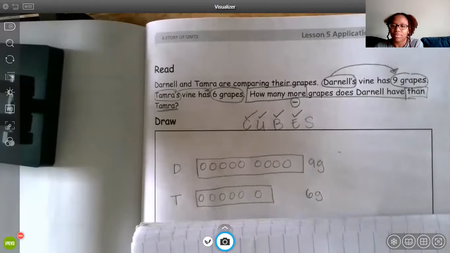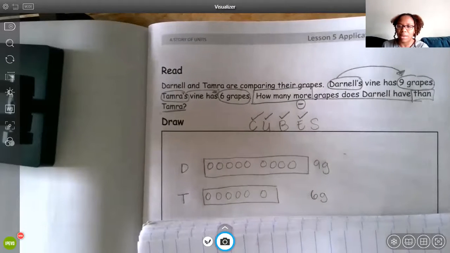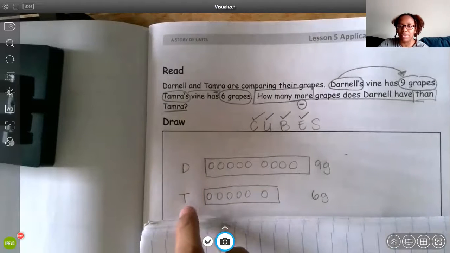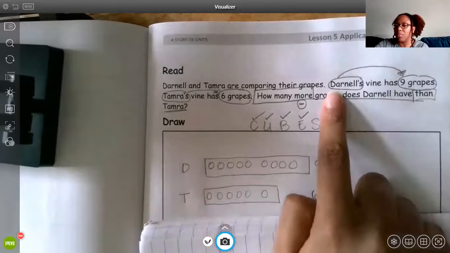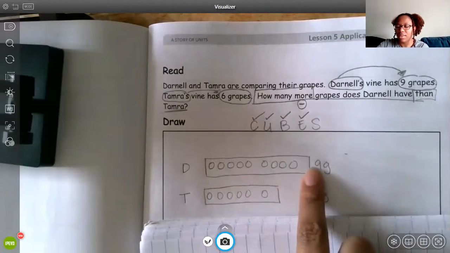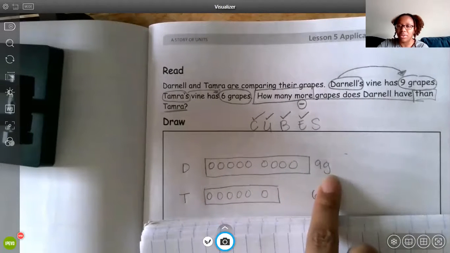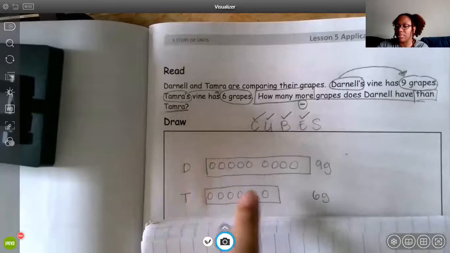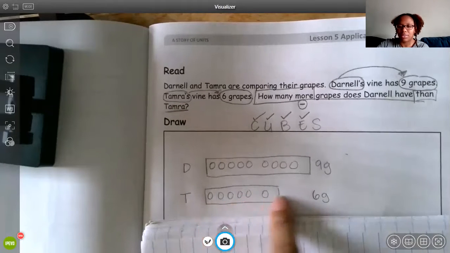This is my picture. I have my D label, D for Darnell and T for Tamara. And I remember that Darnell has 9 grapes. And that's what the 9G stands for, 9 grapes. And I remember that Tamara has 6 grapes. I have my 6 grapes right here.